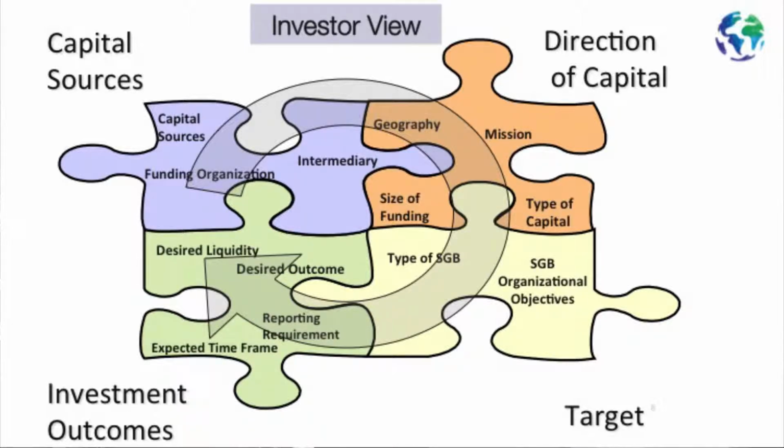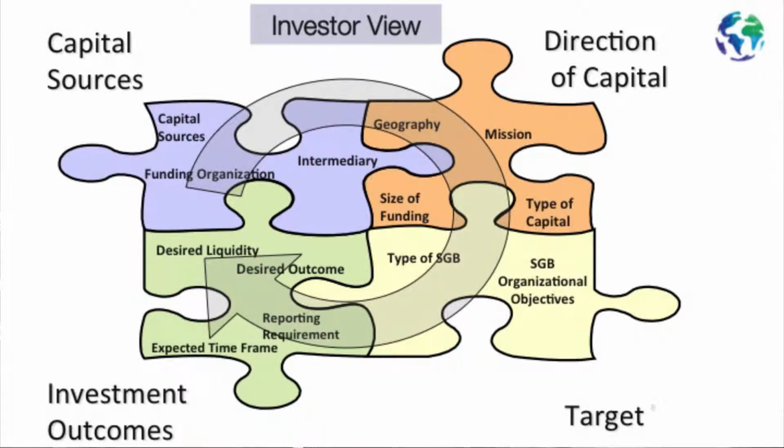Then there is the direction of the capital. The direction of the capital often will be bounded by geography or sector focus or size of capital or even the type of capital that would be placed in an investment. The third quadrant is who is the target? That's you. So looking at what the target opportunities are as a priority for that investor is very important to know going in to a meeting with that investor.